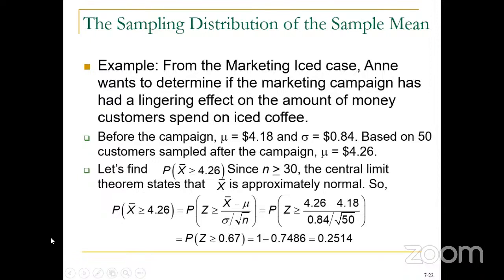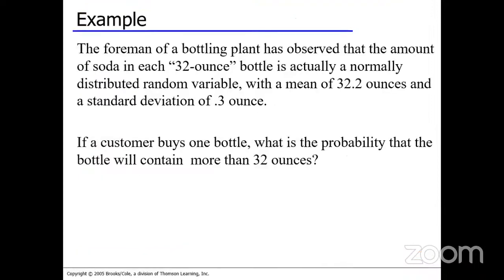So moving ahead, a similar example: suppose the foreman of a bottling plant has observed that the amount of soda in each 32-ounce bottle is normally distributed, a random variable, with a given mean and a standard deviation of 0.3 ounce. If a customer buys one bottle, what is the probability that the bottle will contain more than 32 ounces?